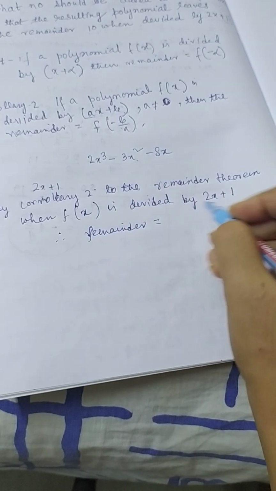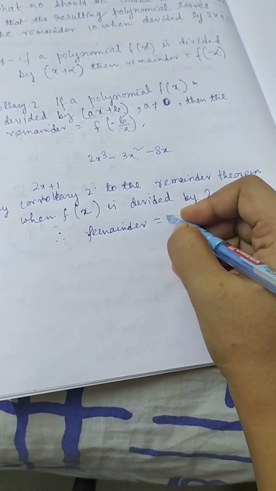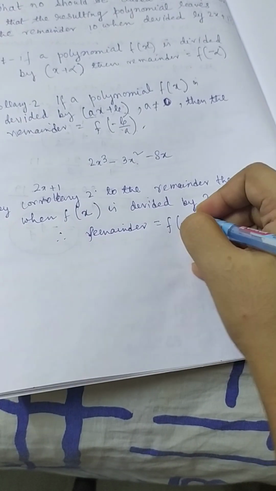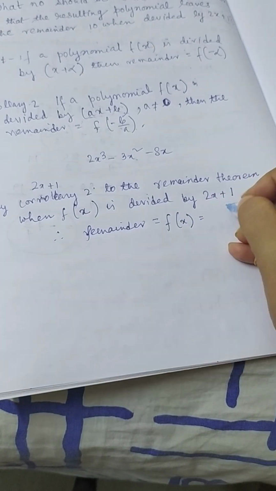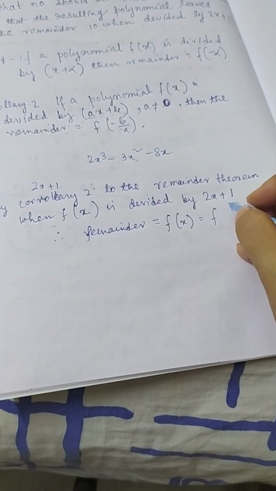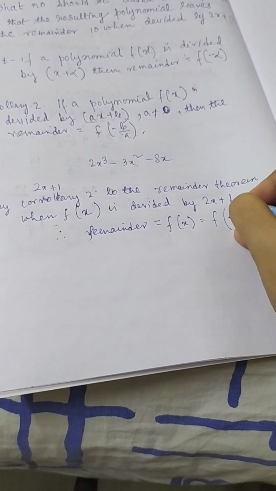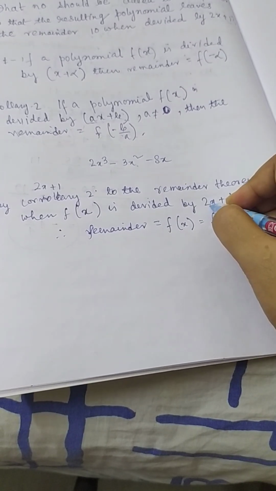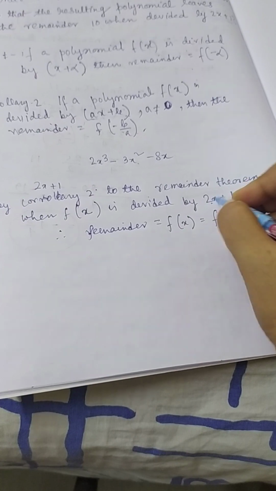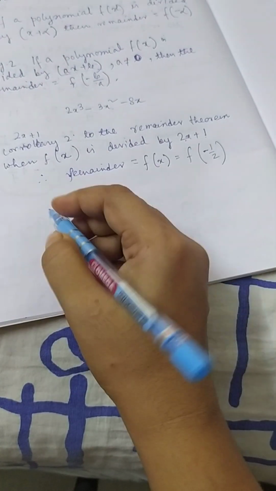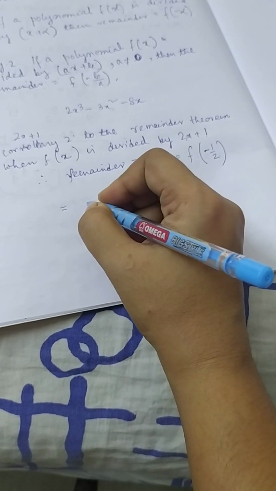So here also it will be f(minus half), because here b is 1 and a is 2, right? So the value will be like this.